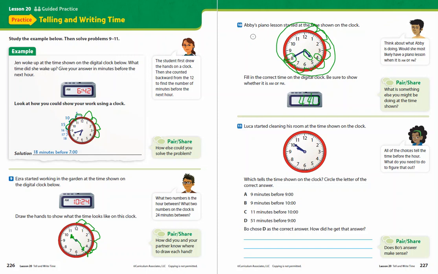Piano lessons we're normally going to do during the day instead of at 4:40 in the morning. So we can assume that it's PM, once we get off work or school or something like that. So we're making an assumption that it's 4:40 p.m.